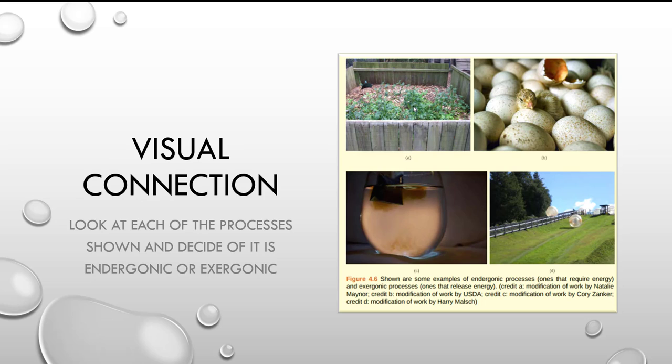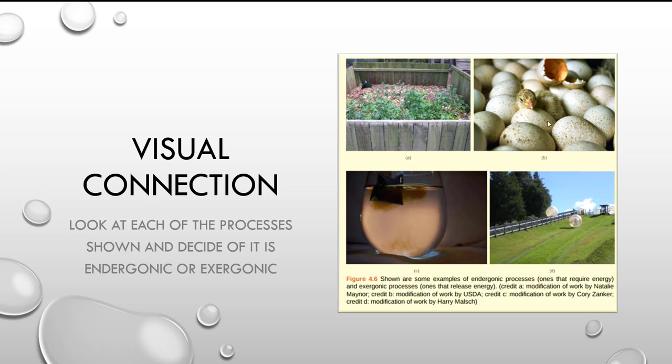Okay. How about, here's one, we have an example of a little chick. How about a baby developing from a fertilized egg? Is that an example of an endergonic or exergonic process? A baby developing inside an egg, or from a fertilized egg.